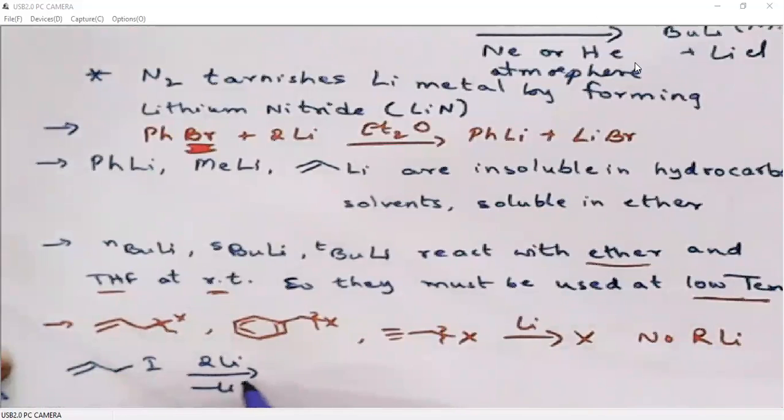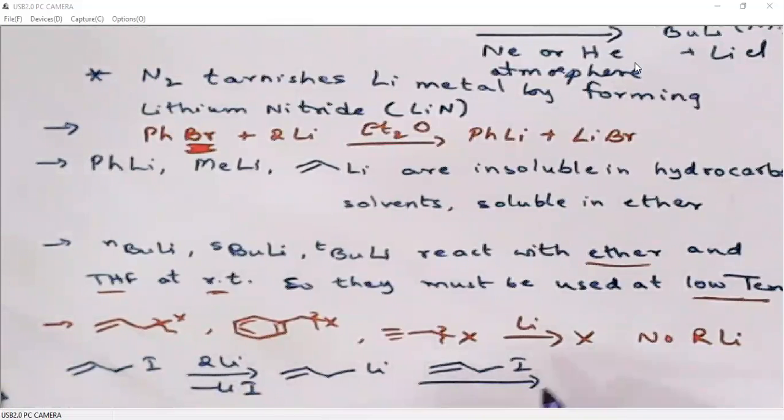Do you remember Wurtz reaction? What is the Wurtz reaction? Dimerization of an alkyl halide in the presence of sodium. Similarly, lithium and sodium both belong to the same group. So whenever we use allyl halides, benzyl halides, or propargyl halides, in the first instance they will generate the corresponding alkyl lithium, but in the second step they will undergo dimerization.